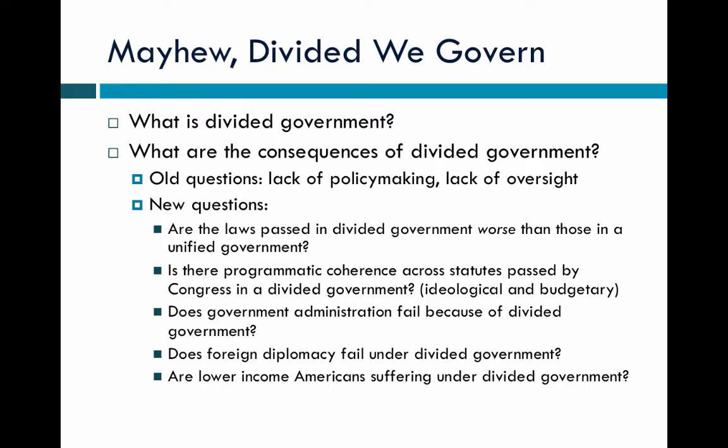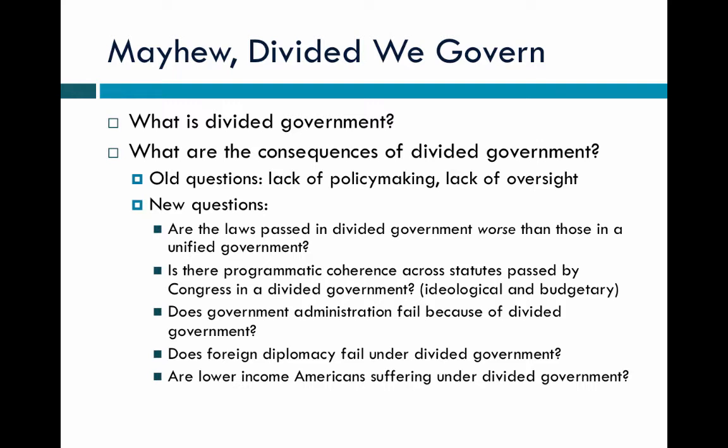Does foreign diplomacy fail under divided government? And here you can already sense the theme, but also the idea that foreign diplomacy would fail in a divided government necessitates Congress thinking that it has more of a role in diplomacy than it does. The final question is, are lower-income Americans suffering under divided government?